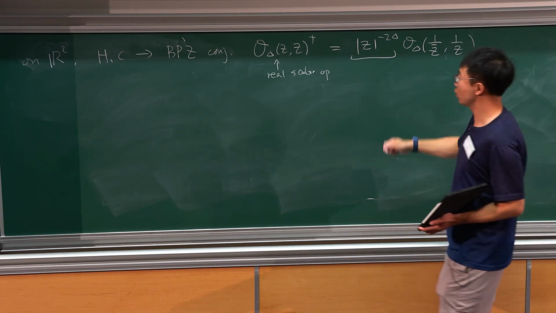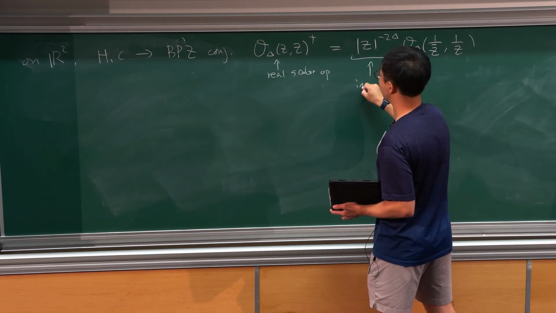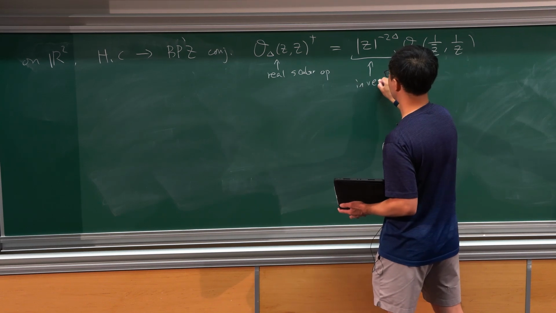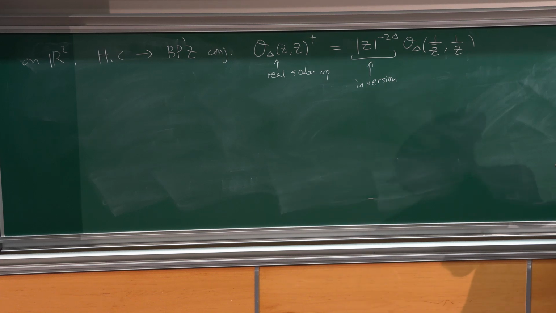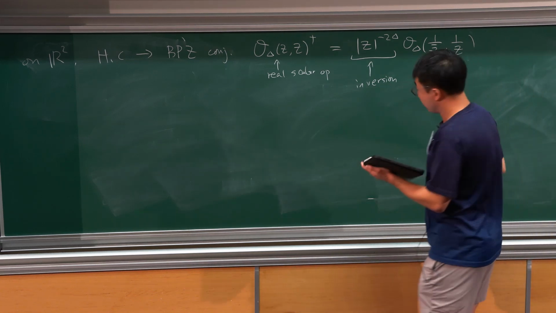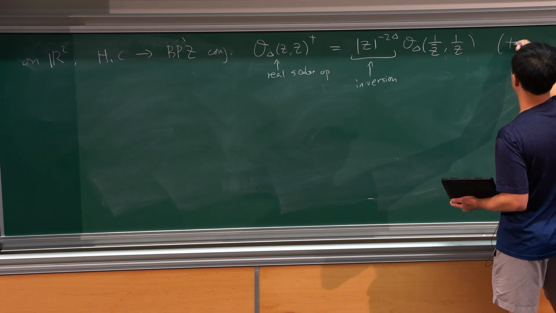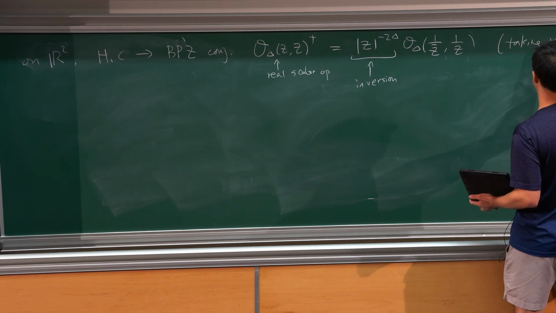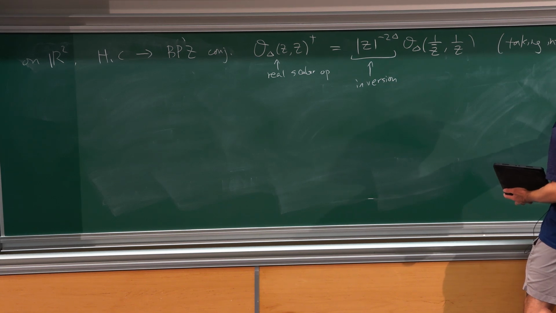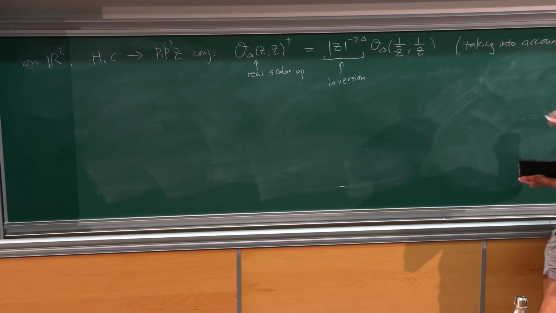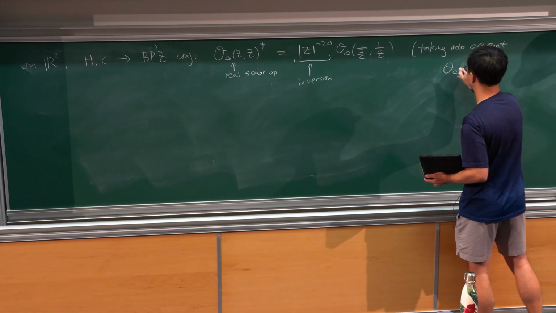And this prefactor can also be understood from the conformal transformation of this operator coming from inversion. OK, so this is taking into account relations between operators on the cylinder and operators on the plane.